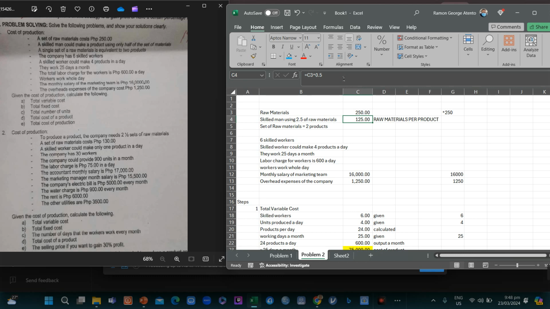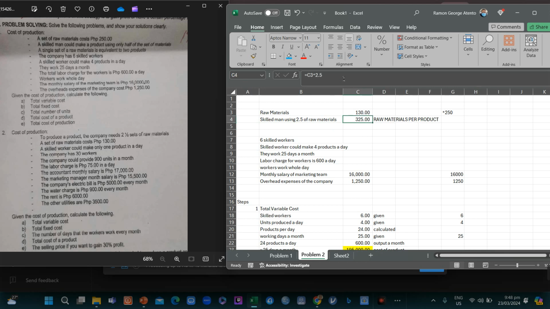And then to produce the next one, the set of raw materials cost 130. So this now becomes 130, and you need to multiply by 2.5, so the raw materials per product would be 325.